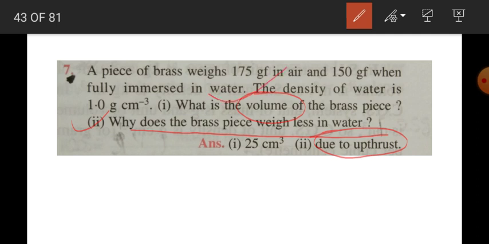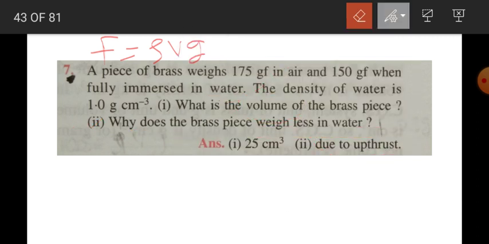Let's find out the volume then. We know the formula, right? The formula is rho Vg. But we need the upthrust, so let me calculate the upthrust first. The true weight and apparent weight are given, so I'm directly putting the values.